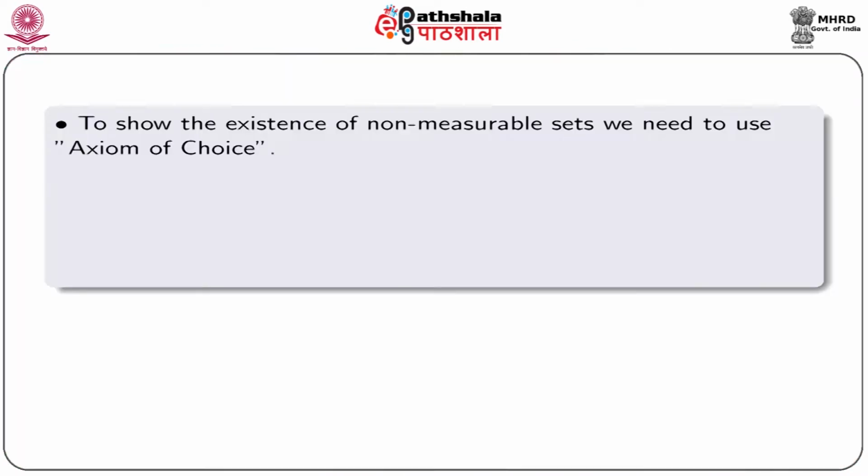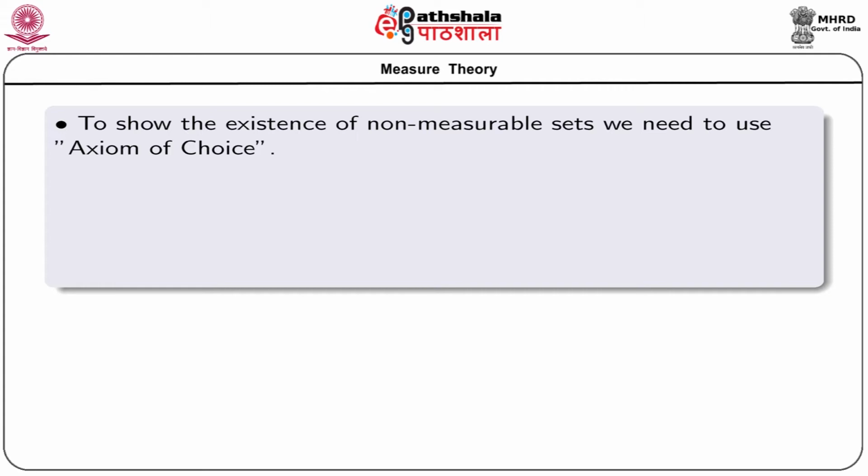So, in this module what we are going to do is construct a set which is not measurable, and for that we are going to use axiom of choice. To show the existence of a non-measurable set, we need to use axiom of choice.